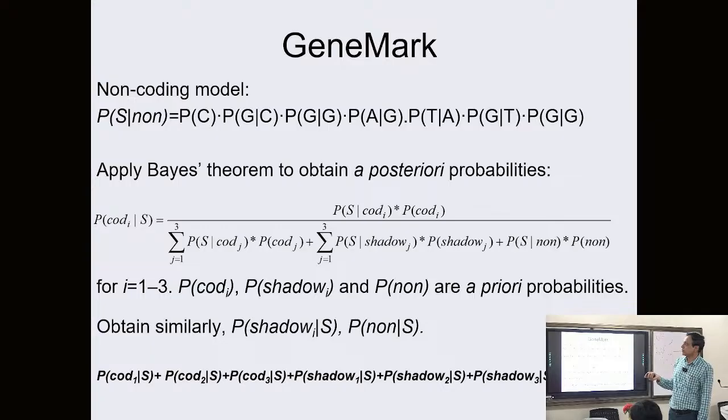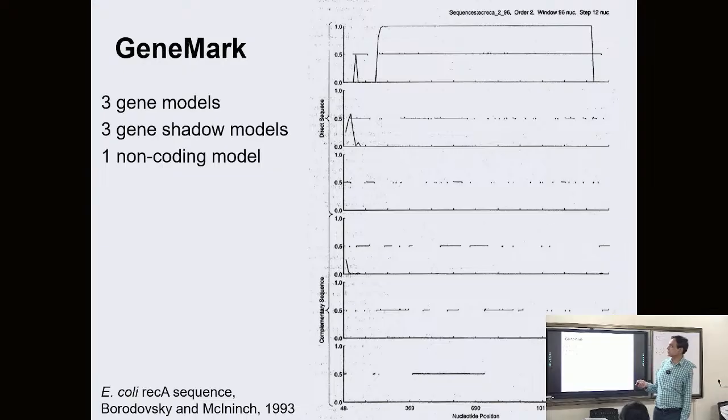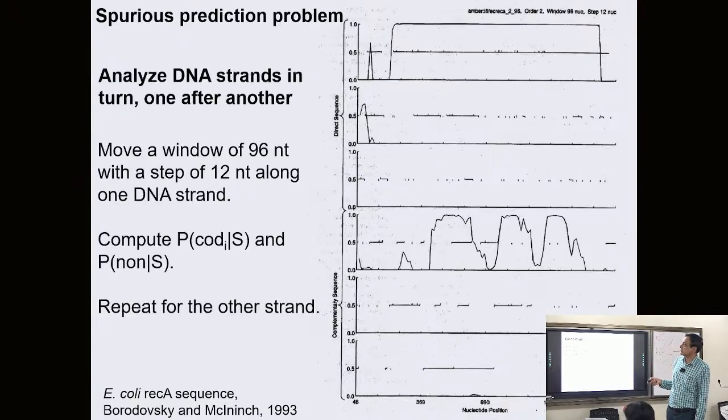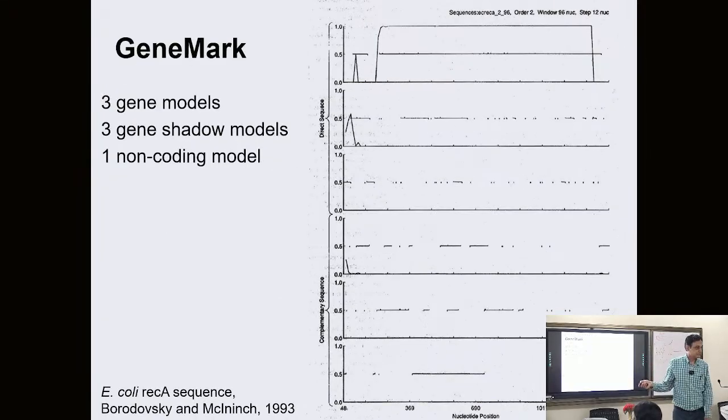So the probability of the sequence to be coding in one of the 3 frames, the probability of the sequence to be gene shadow, again in one of the 3 frames, and non-coding. Okay. So when that was done, can you see the false signal is gone? It's gone.